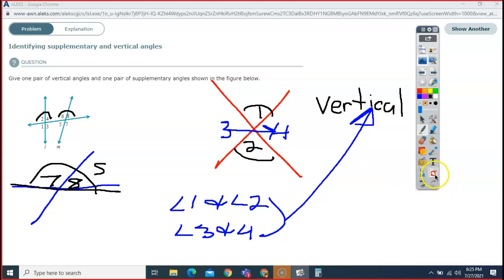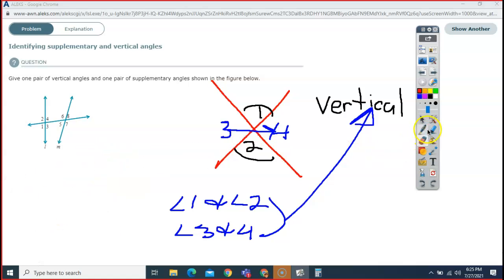And if you decide to look at the line going this way, then 8 and 7 are sitting on this line, 5 and 6. So they're side by side. Side by side would be supplementary. But they have to go through the X to be vertical.